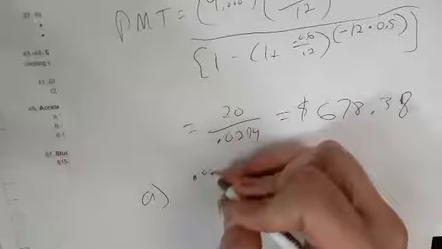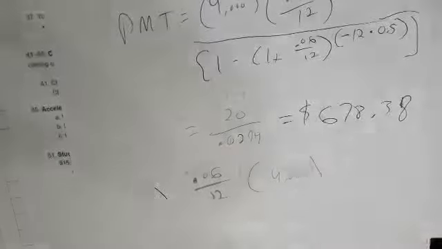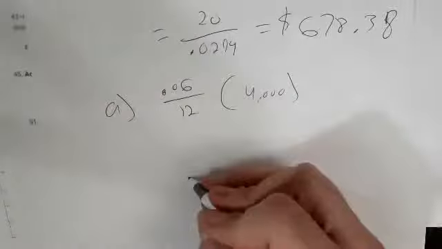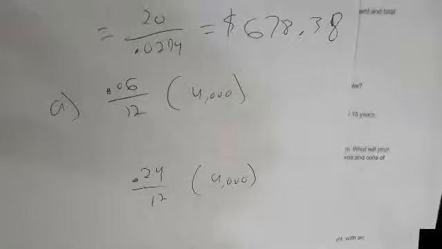I don't know if maybe they're just getting us to compare the 0.06 over 12 times the 4,000. Like how much would that interest, plus 1 would be 3, then you take it away, versus 24 over 12 times 4,000. Maybe that's what they're trying to get at. Is that the interest amount on there? I'm not exactly sure about this one. I don't really like it.